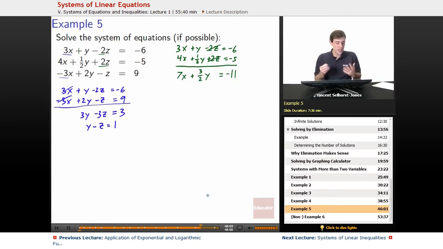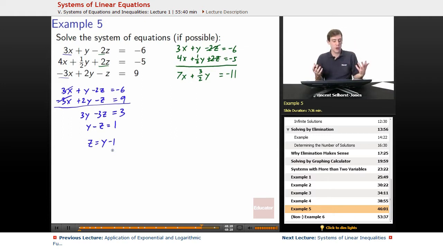Great. So at this point, we've got stuff involving x and y and stuff involving y and z. So if that's the case, we want to overlap for the y. We want to be able to figure out what y is. So let's get y to be the one that's not going to be substituted out. y minus z equals 1, we'll change that into z equals y minus 1, right?